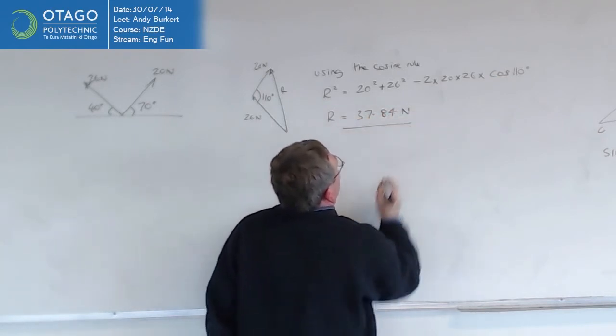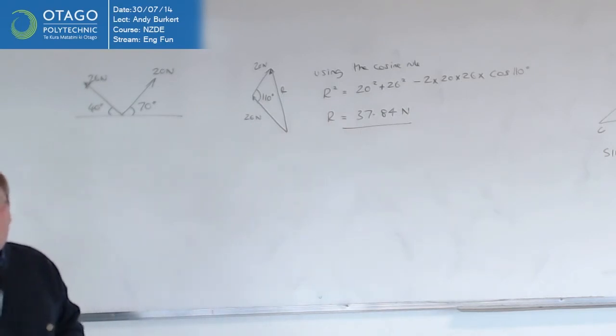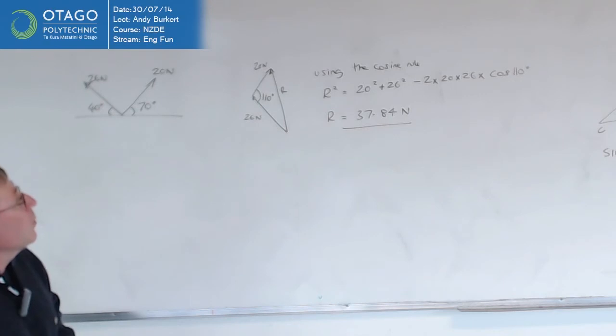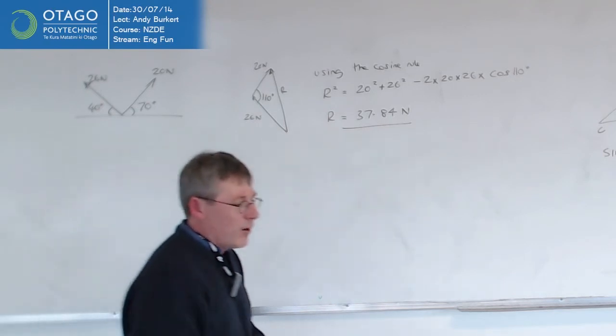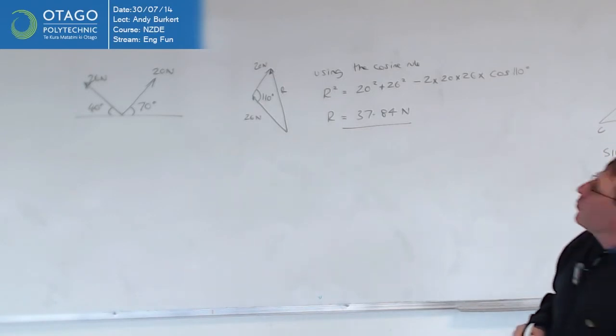So there's our resultant force. So we know what the resultant is, but we want to say in which direction it's acting. I want to know what direction it's acting.